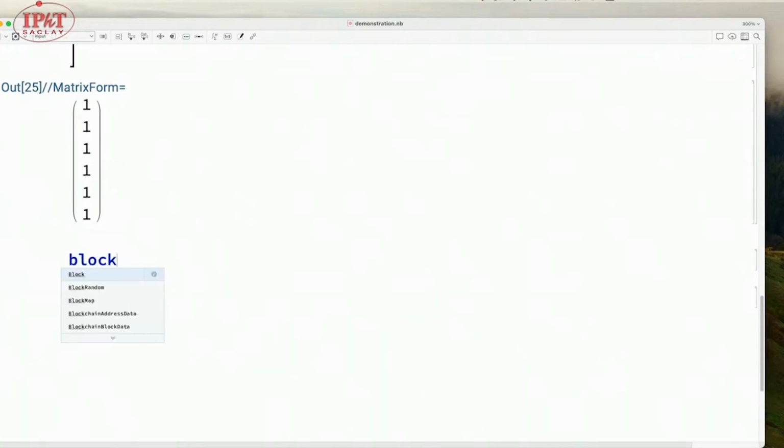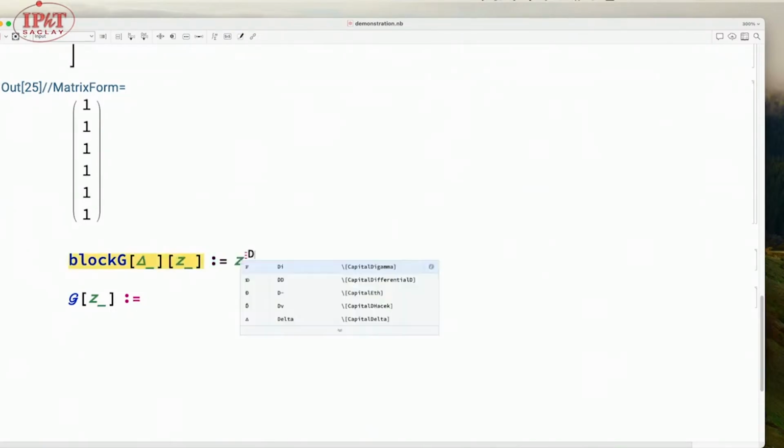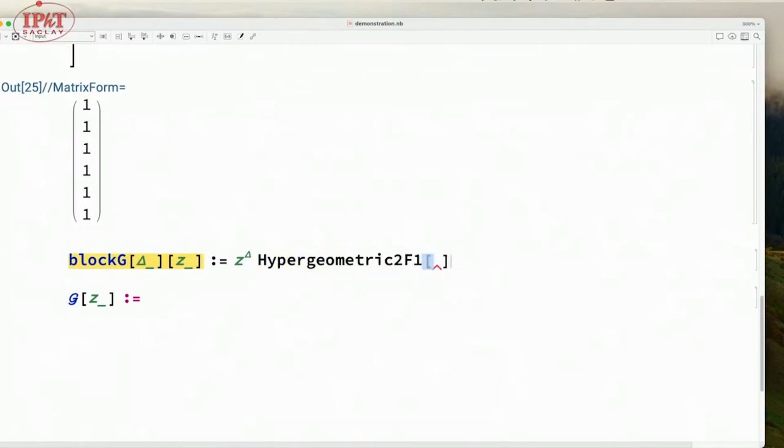Let me first define the conformal block, which I was calling G, which in this case of equal external dimensions, all of the dependence on the external dimension drops out, and you only get a rather simple looking formula. It's a hypergeometric function. It's as follows. You can check it against the previous formula. So this is the block for equal external dimensions.